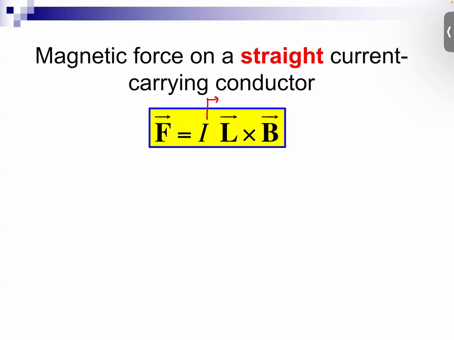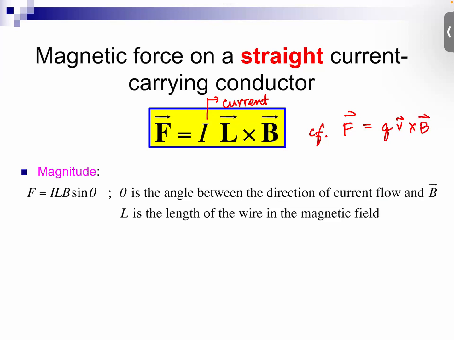I, of course, is the current in the wire. L is the length of the wire, B is the magnetic field. If you compare that to the force of a moving charge, it's QV cross B, then it's also a cross product. So all the strategies we learned for finding the force of a moving charge can be used to find the force of a current carrying wire.